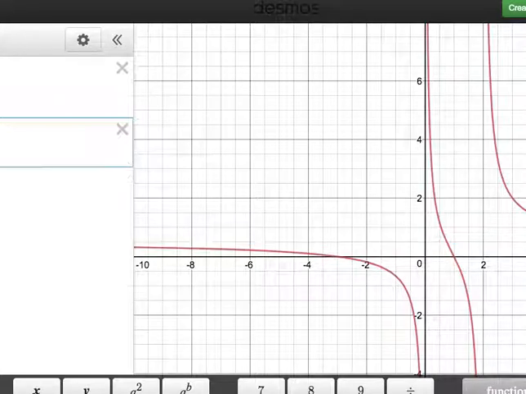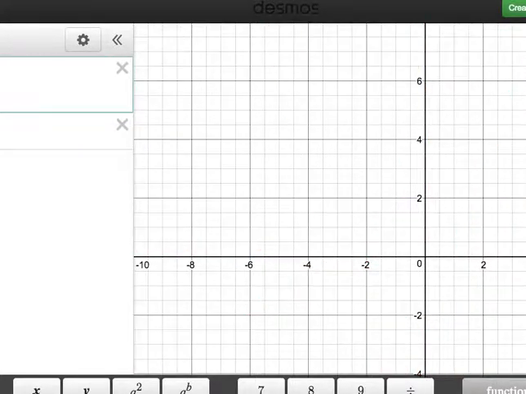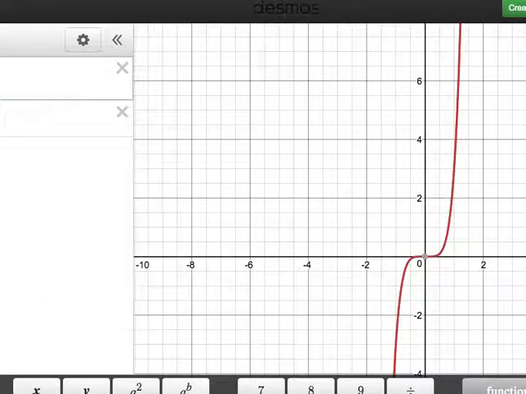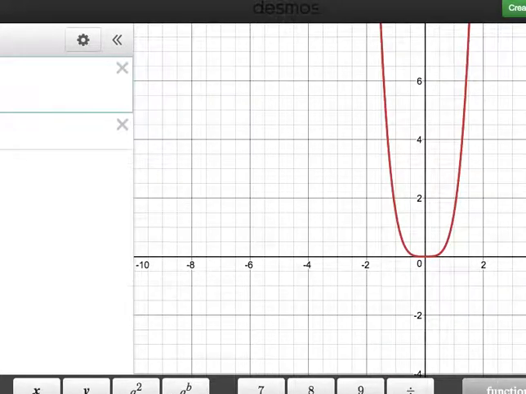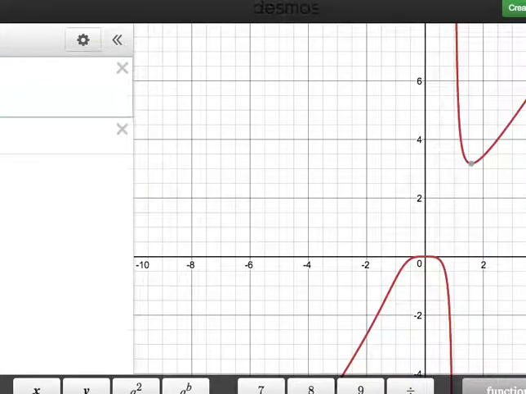Slant asymptotes are a little bit different. Let's do a different problem. Okay, so we're going to do 3x to the 5th power over 2x to the 4th minus 2x.